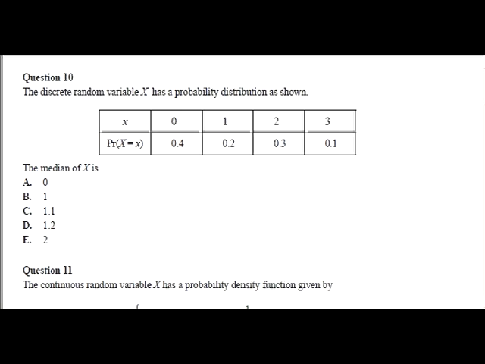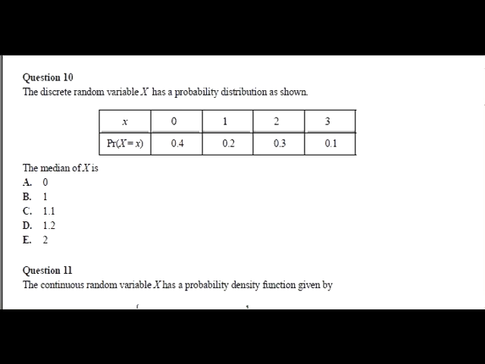Question 10. You get given a distribution. All you need to do is remember how to find the median for one of these. Remember what you do? You just go from the lowest value, so x equals 0, and you've got 0.4, right? And you increase until you pass 0.5.